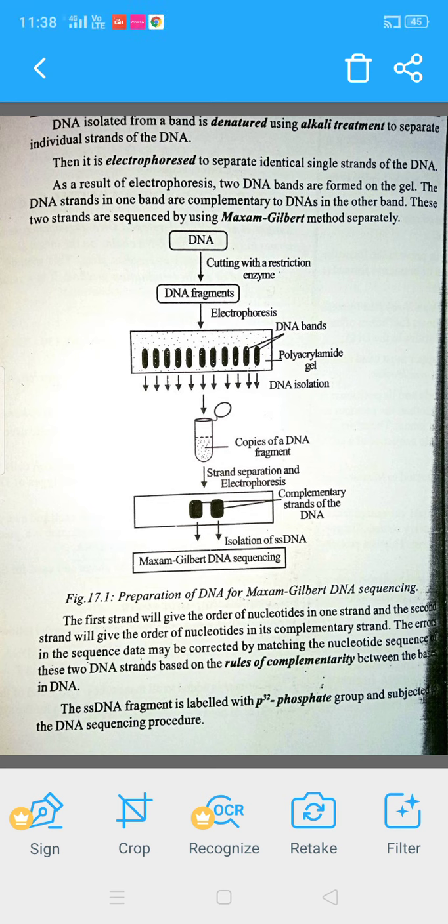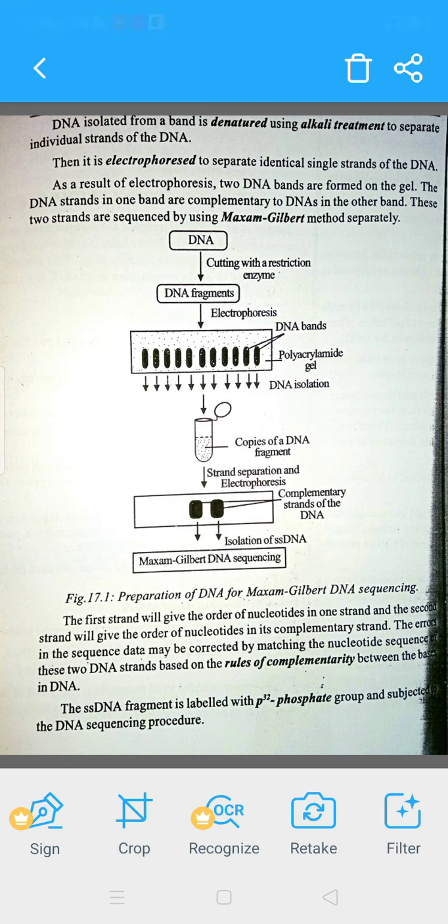The DNA strands in one band are complementary to DNAs in the other band. These two strands are sequenced by using Maxam Gilbert method separately. The first strand will give the order of nucleotides in one strand, and the second strand will give the order of nucleotides in its complementary strand.